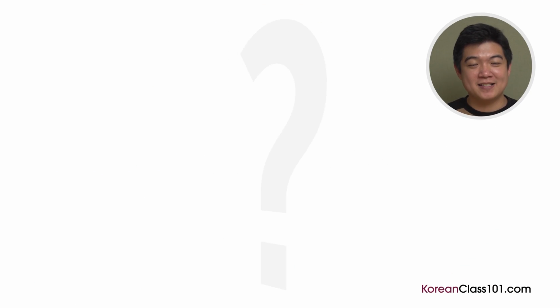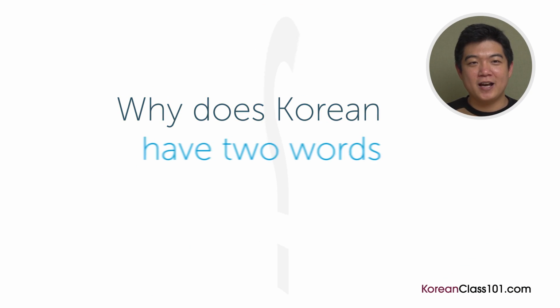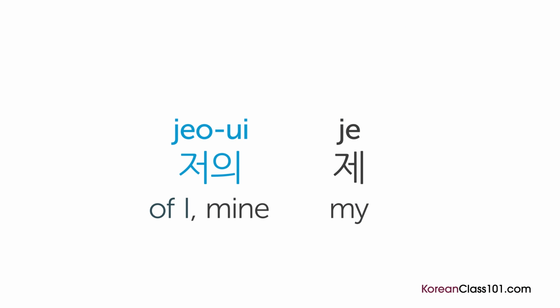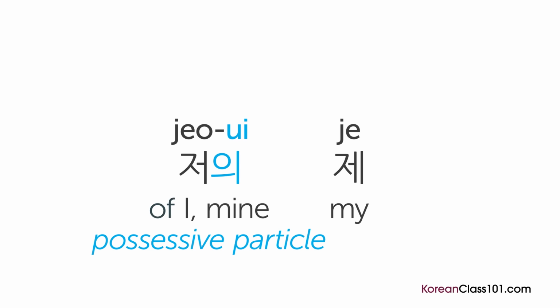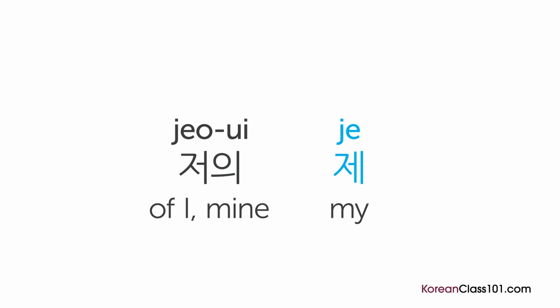The question for this lesson is, why does Korean have two words for my? The word 저희 literally means of I or mine. It has two words. 저 means I, and 의 is the possessive particle meaning something like of. 제 is the simplified form of the word 저희.